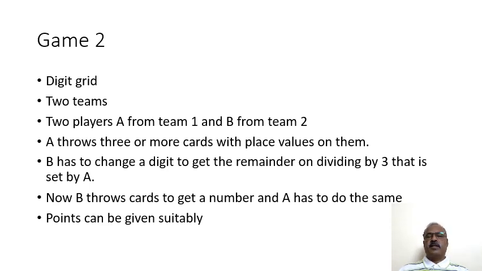B has to change a digit to get the remainder on dividing by 3 that is set by A. So after the number is there, A sets a remainder that you need to obtain, and B has to change only one digit so that the remainder can be obtained. Now B takes a turn to throw the cards, and A has to do the same.